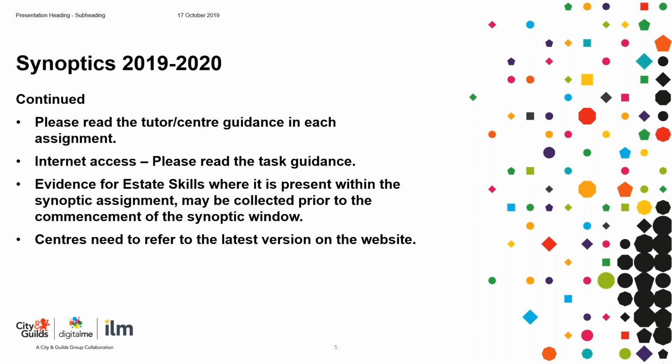Therefore, it was felt in this case it would be suitable for evidence for estate skills to be collected over a longer period of time. For the actual tasks, you will need to refer to the assignments, as obviously they are different across each sector.